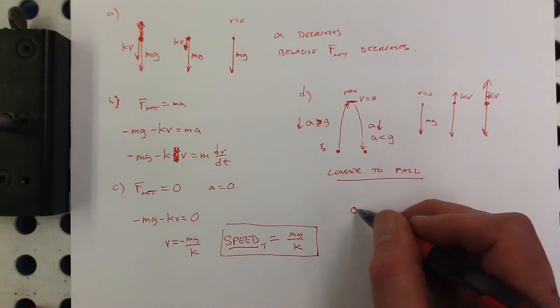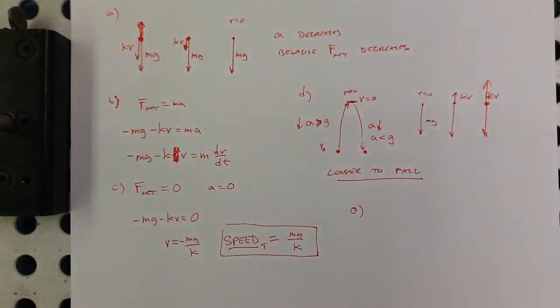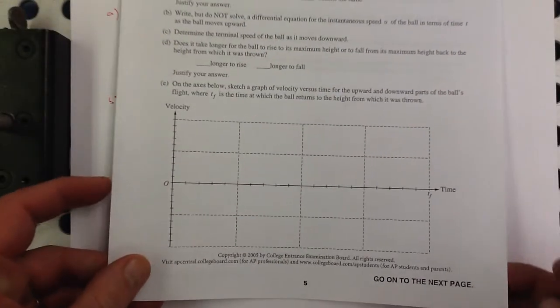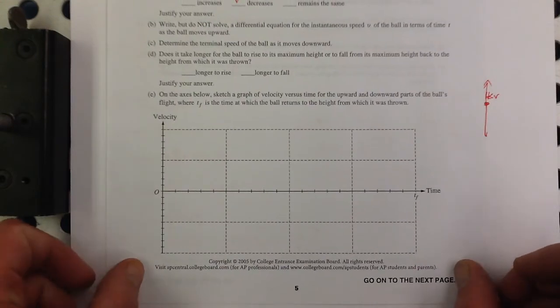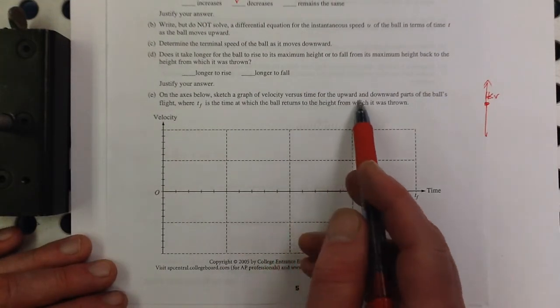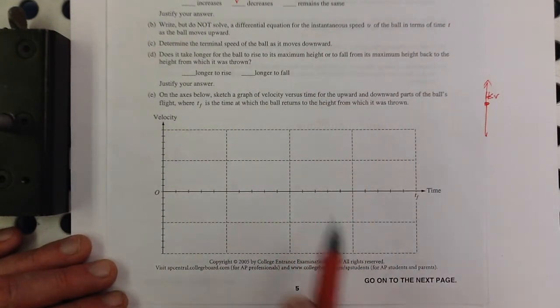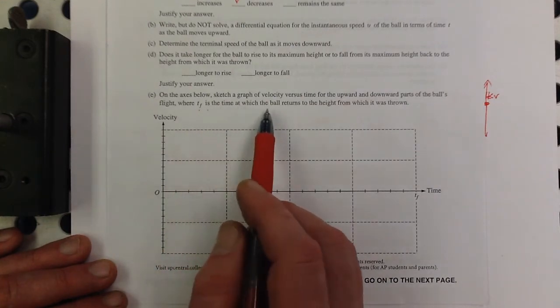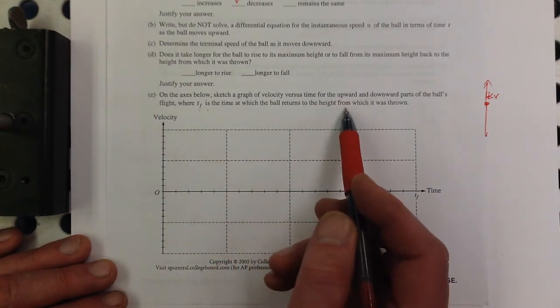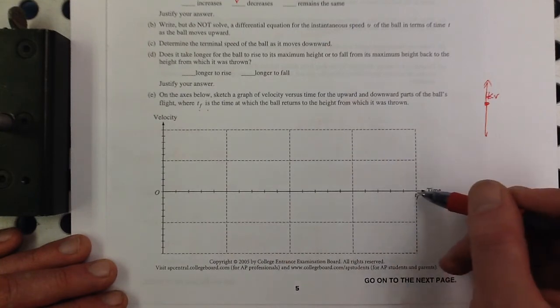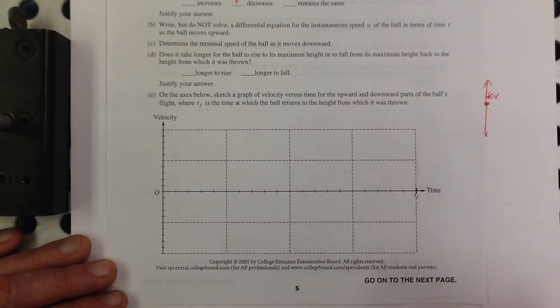And part E. On the axes below, sketch a graph of velocity versus time for the upward and downward parts of the ball's flight, where TF is the time at which the ball returns to the height from which it was thrown. I'll do this on the graph here. So this is where it returns to that same height.